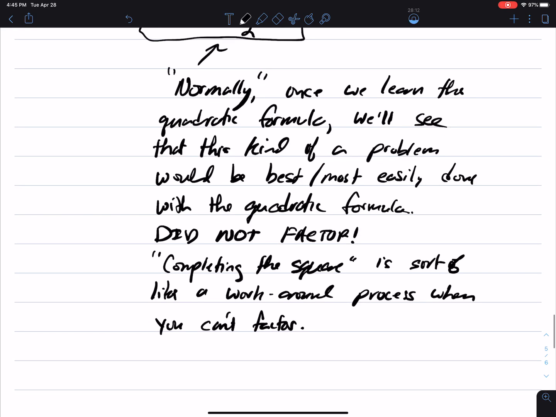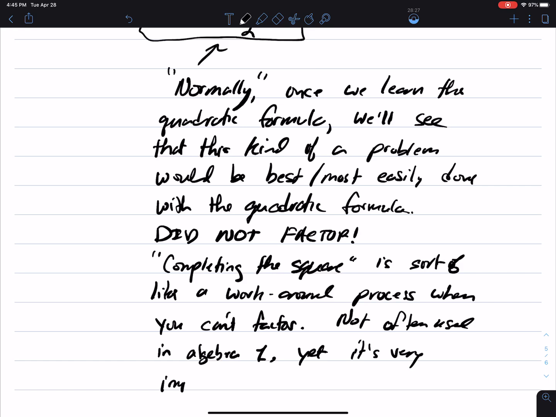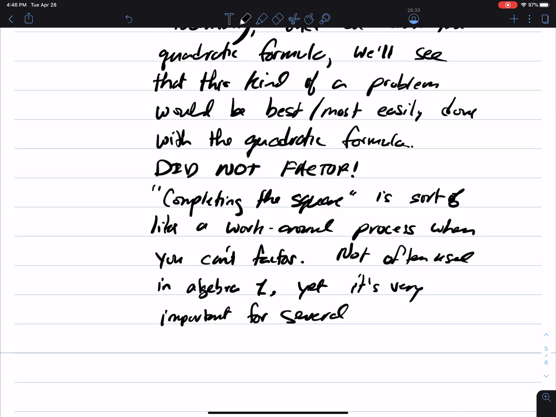I'm going to be honest here, it's not often used in Algebra 1, let's say. Yet it's very important for several applications. There are several times in different levels of math where you'll use it.